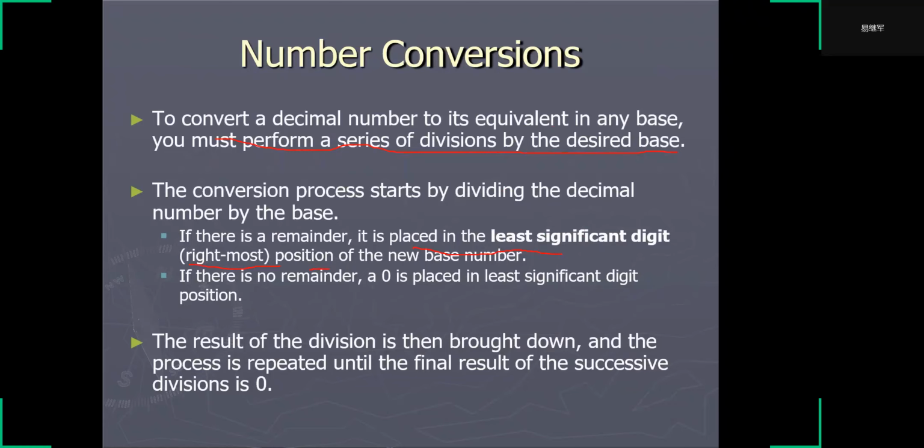If there is no remainder, a 0 is placed in the least significant digit position. The result of the division is then brought down, and the process is repeated until the final result of the successive division is 0.